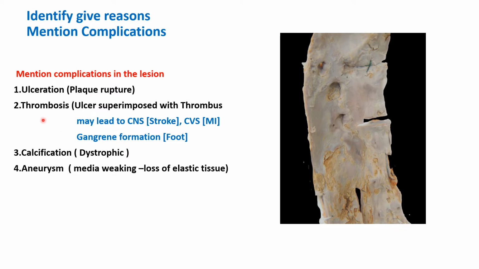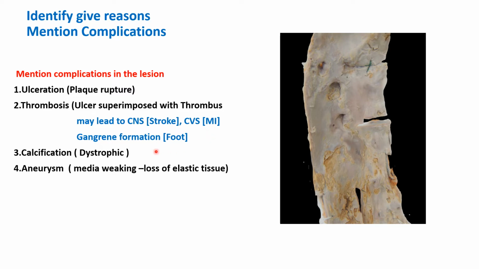There may be, after rupture, rough surface, thrombogenic surface on the endothelial surface, which will be superimposed by the thrombus, which in turn may be dislodged and may give rise to stroke, CVA, or myocardial infarction or gangrene of the foot.